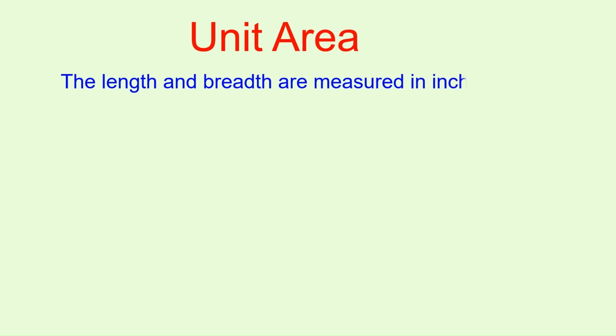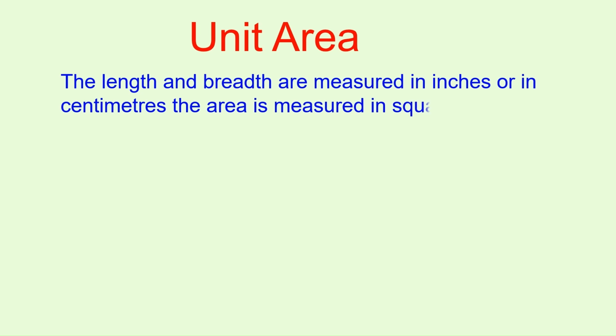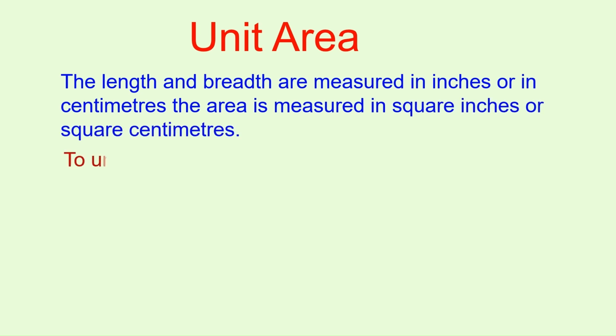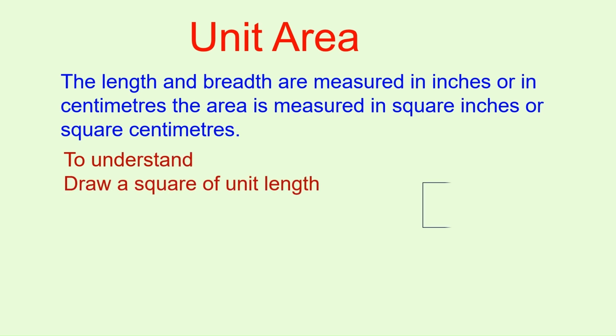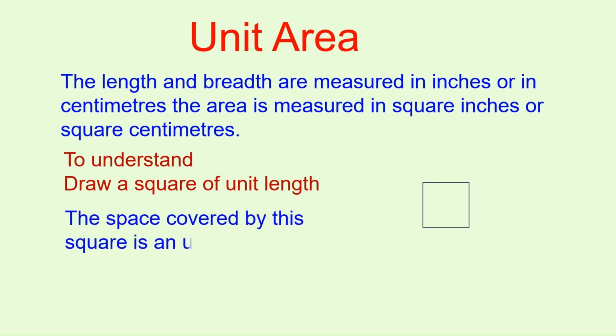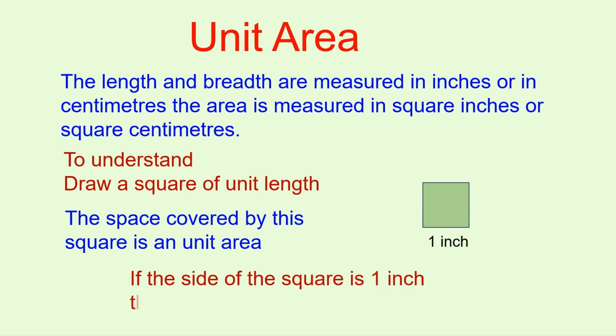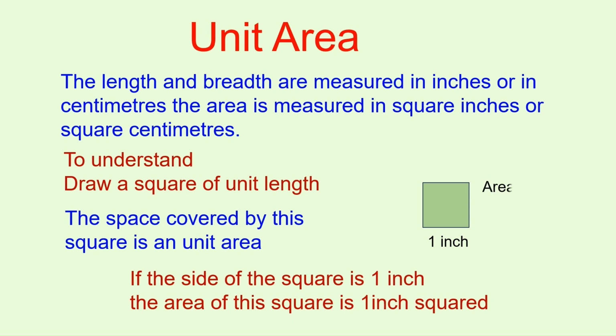Unit area. The length and breadth are measured in inches or in centimeters. The area is measured in square inches or square centimeters. To understand, draw a square of unit length. The space covered by this square is a unit area. If the side of the square is 1 inch, the area of this square is 1 inch squared.